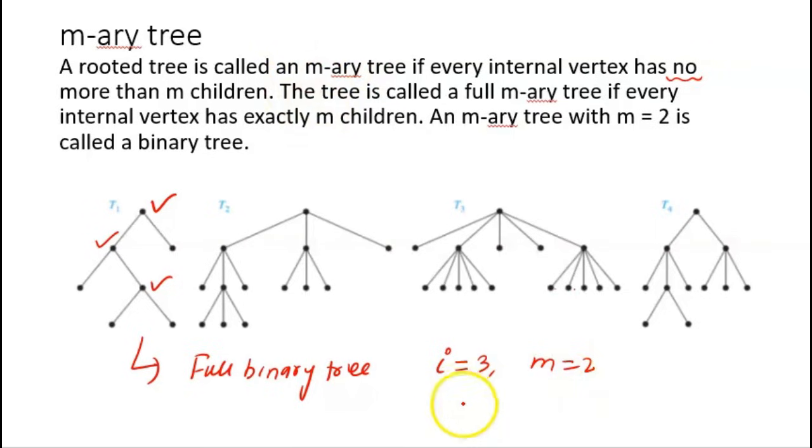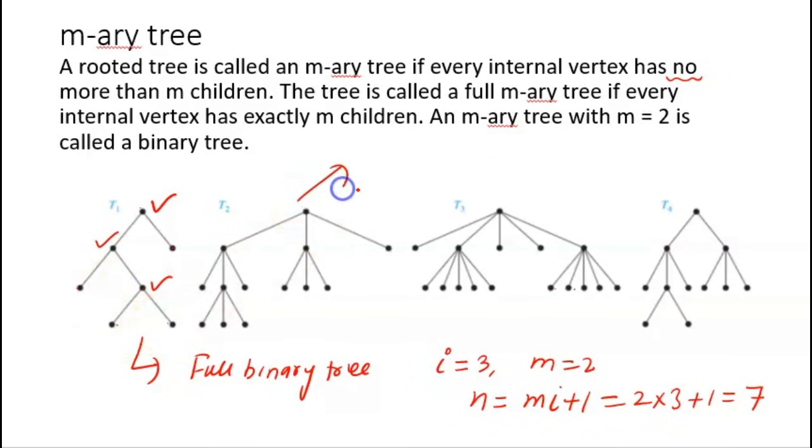So how many total vertices should be there? The total number of vertices n should be m into I plus 1. So m is 2, I is 3, plus 1, so it should have total 7 vertices. You can count it: 1, 2, 3, 4, 5, 6, 7.